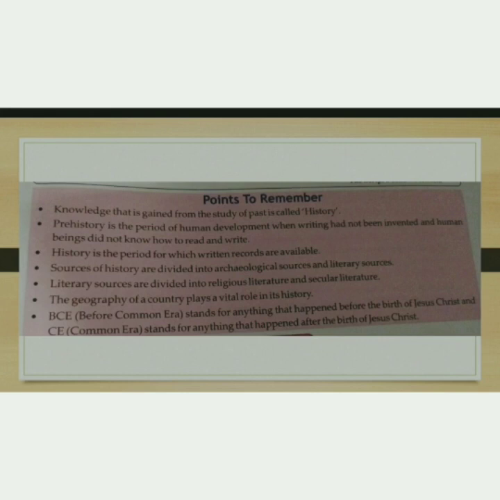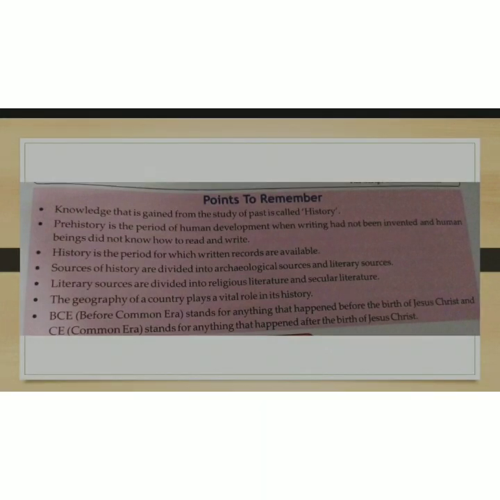Literary sources are divided into religious literature and secular literature. The geography of a country plays a vital role in its history. BCE stands for anything that happened before the birth of Jesus Christ, and CE stands for anything that happened after the birth of Jesus Christ.